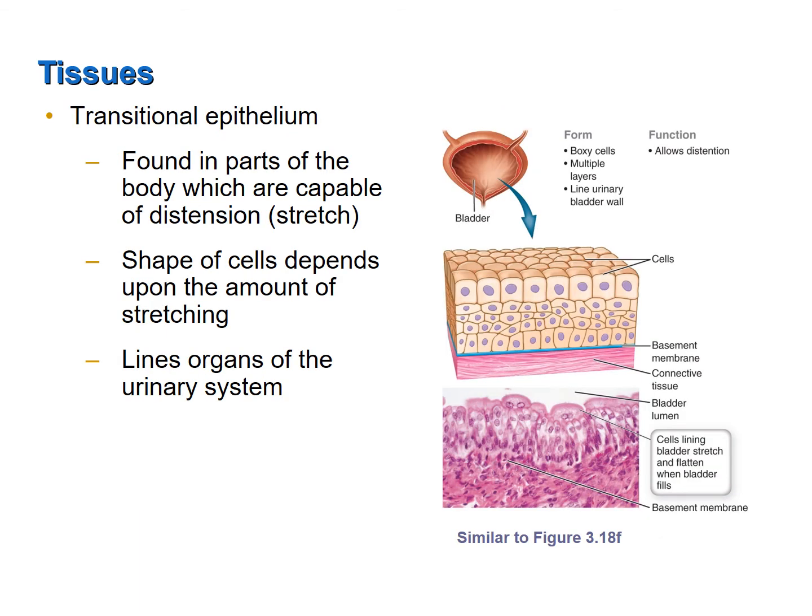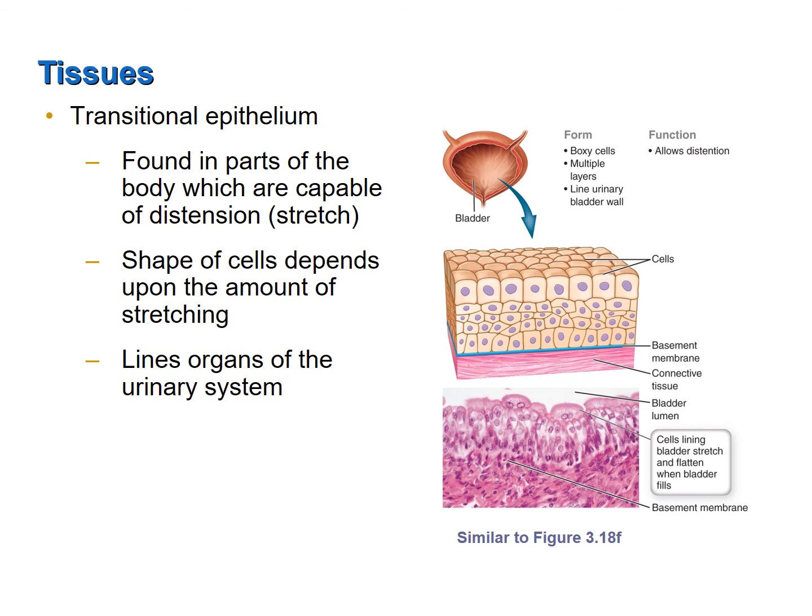Transitional epithelium is found in parts of the body that are capable of distension or stretch. The shape of the cells of this epithelium really depends on the amount of stretching. For example, transitional epithelium lines the bladder.